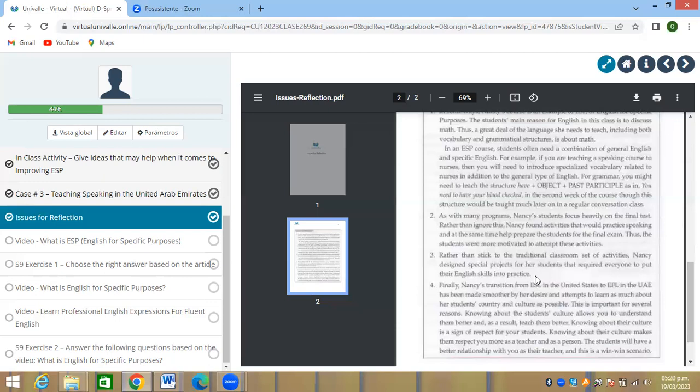And the question is, what does a student need when in an ESP course? What do you think? What are those elements that you consider that a student needs when he or she is in an ESP course?